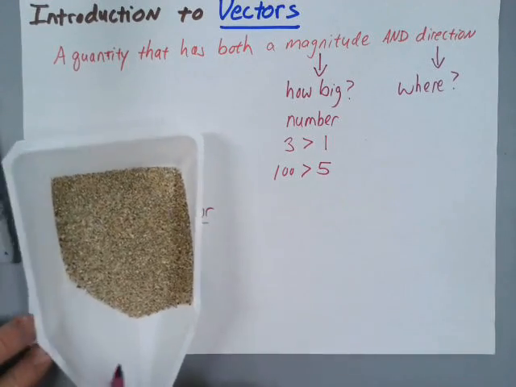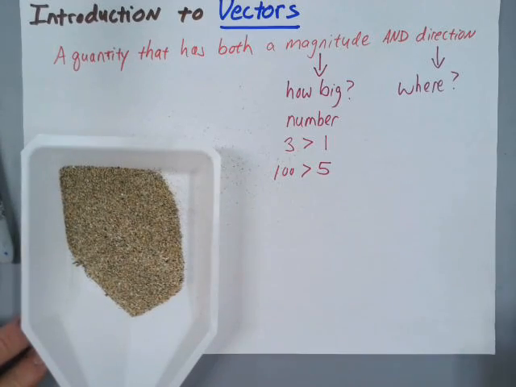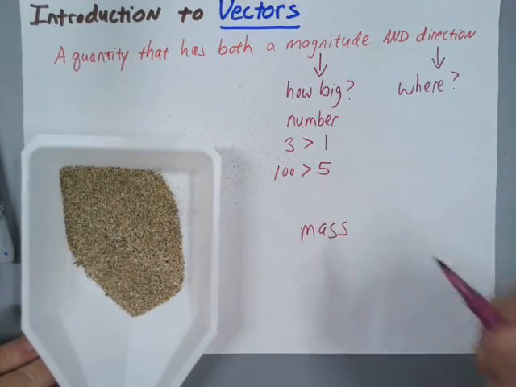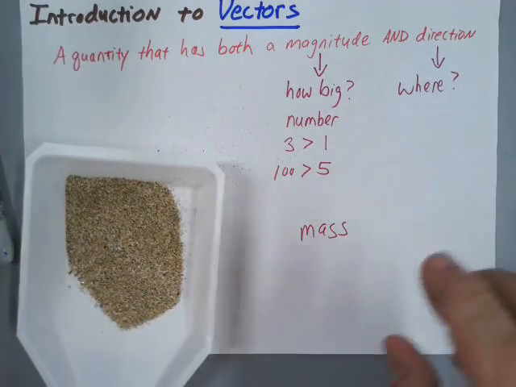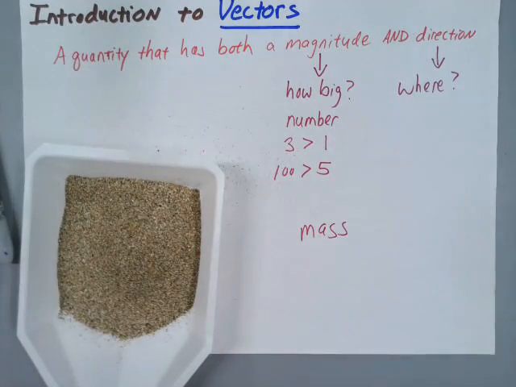Let's look at this sample of sand here in this little weighing boat. Got some sand in here. And we quantify the amount of sand in there by its mass. We could put this on a triple beam balance or electronic balance, and we know that the more mass, the more sand there is, the greater the mass.